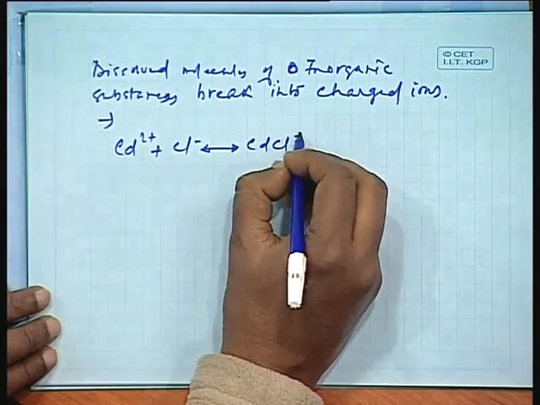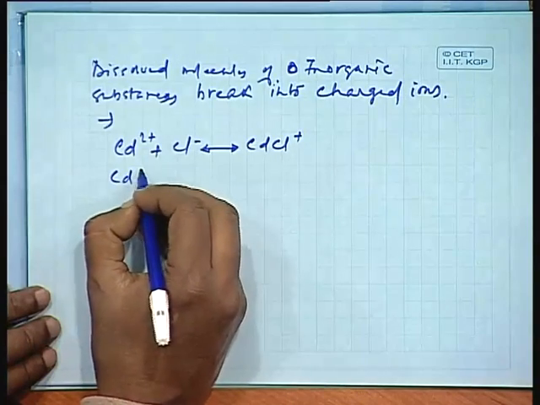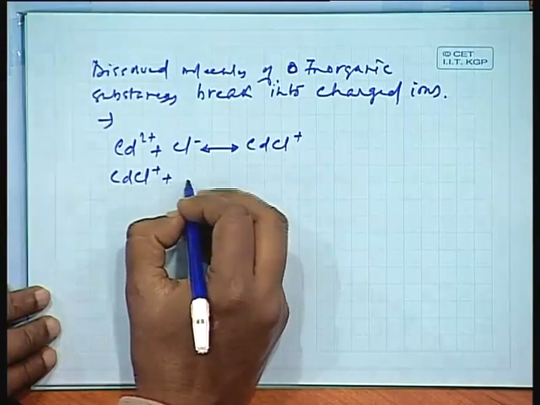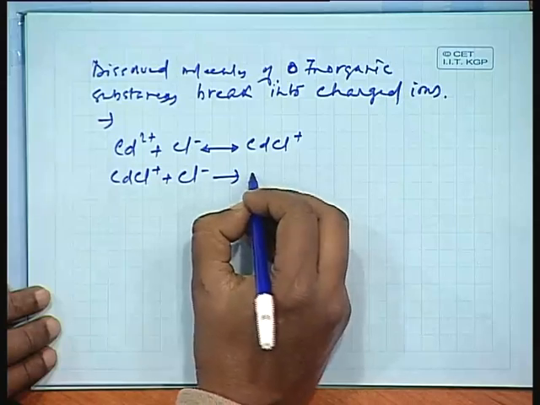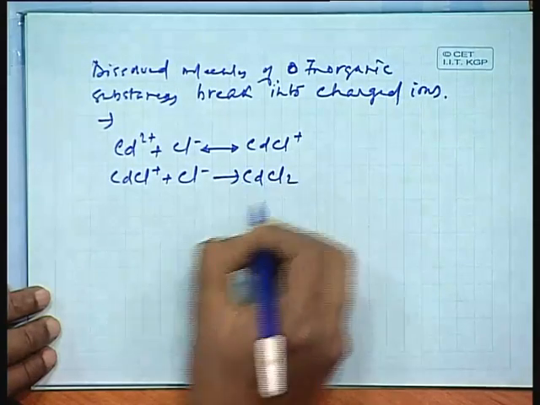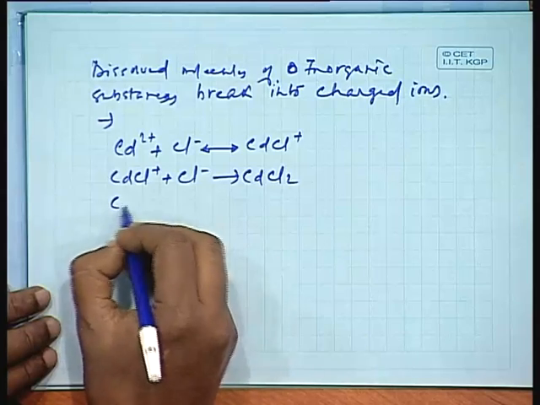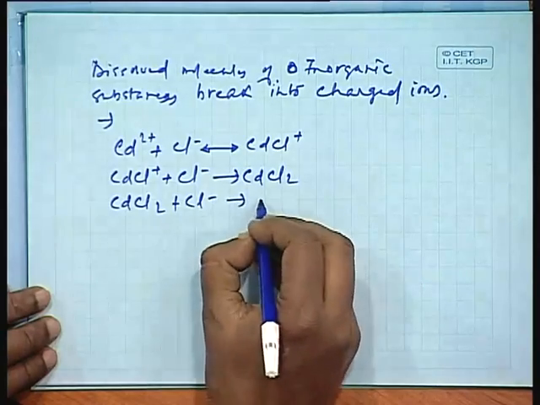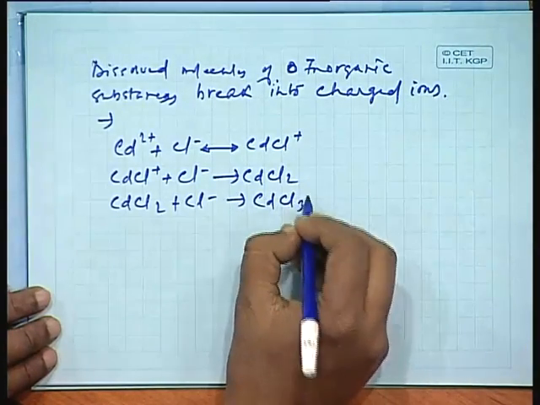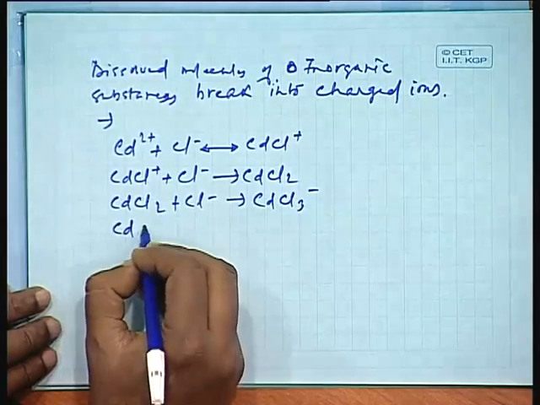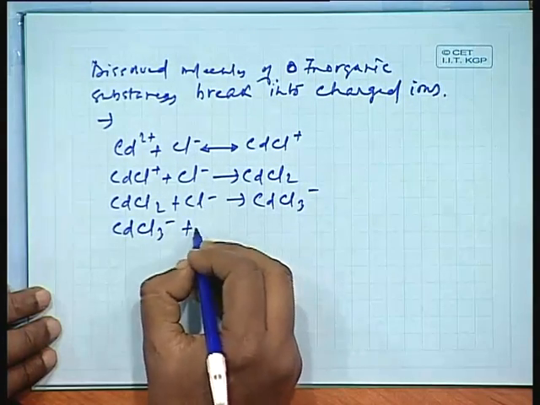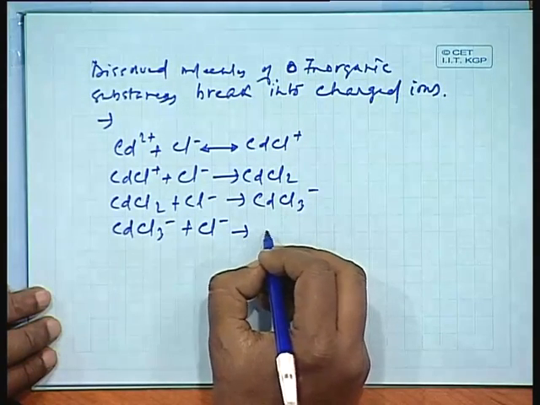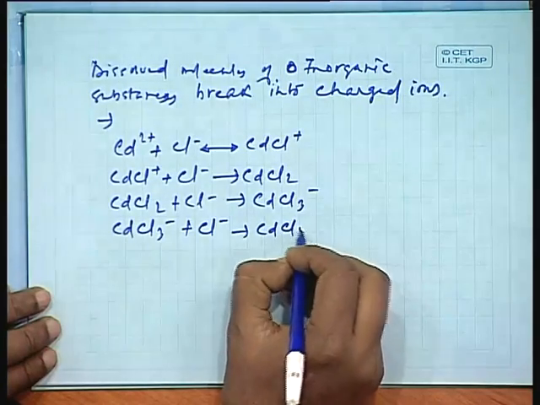This CdCl plus with Cl minus can form CdCl2, CdCl2 plus Cl minus can form CdCl3 minus, and CdCl3 minus with Cl minus can form CdCl4.